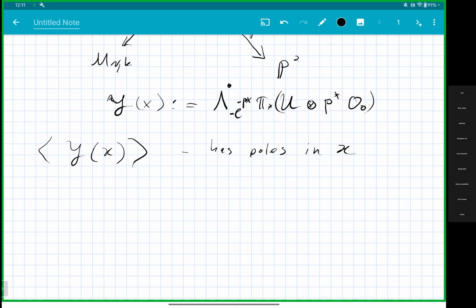Nikita was able to find a new observable, built of a bunch of Y's in such a way that its expectation value has no poles in the finite region of x, which is called the QQ character.